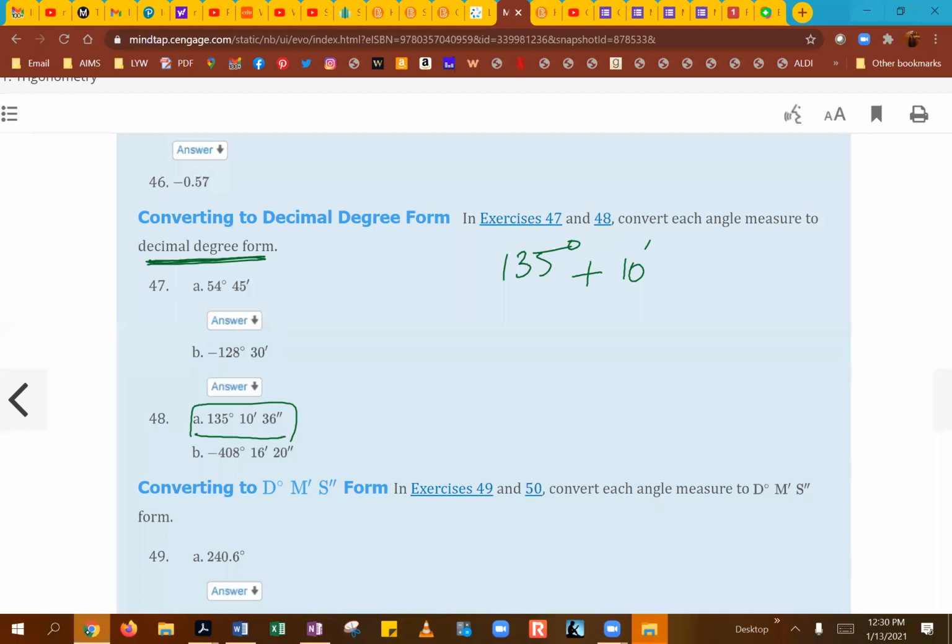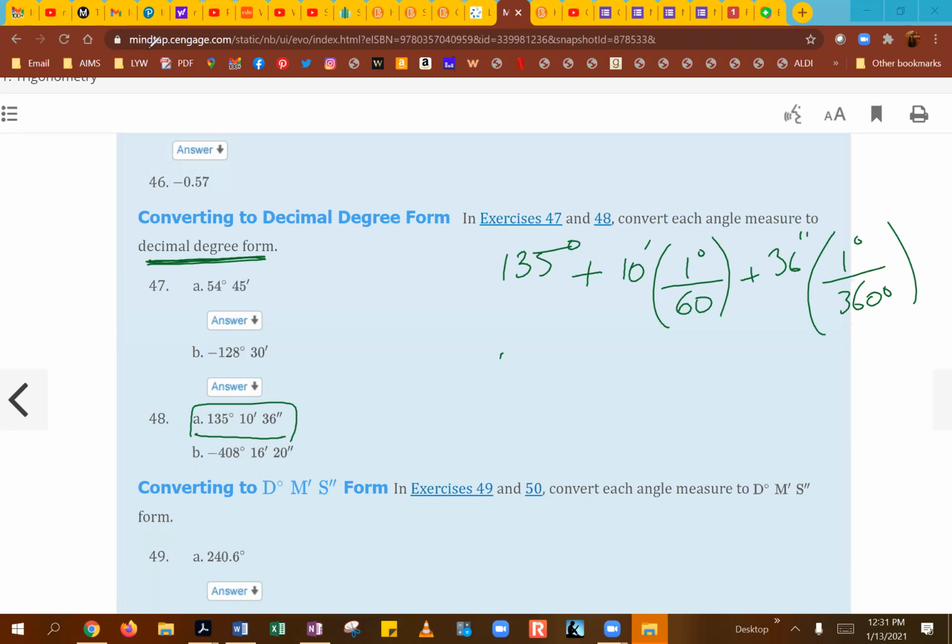So we can use that conversion over here, and you would take 10 minutes multiplied by 1 degree over 60, plus 36 seconds multiplied by 1 degree over 3600. And that's how we're going to do this conversion.